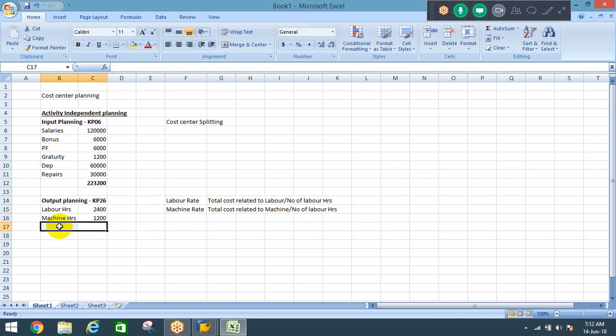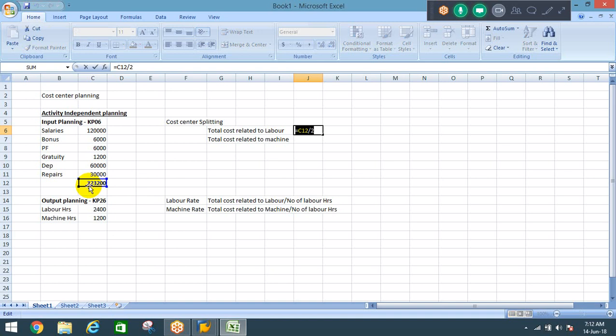So now what we need is total cost related to labor. When we do the cost center splitting, we'll get total cost related to labor. So this is divided by 2. And total cost related to machine, same formula.